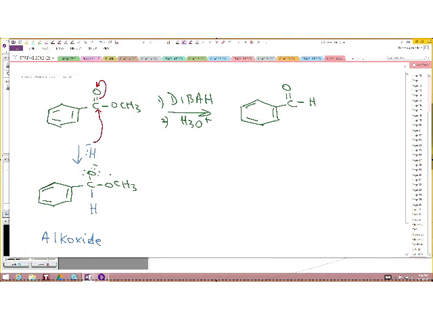So what is next? Excellent, very good. We are going to regenerate the carbonyl, and in so doing, the methoxy will be kicked out of this molecule, because carbon can only have four bonds. So therefore we have this.